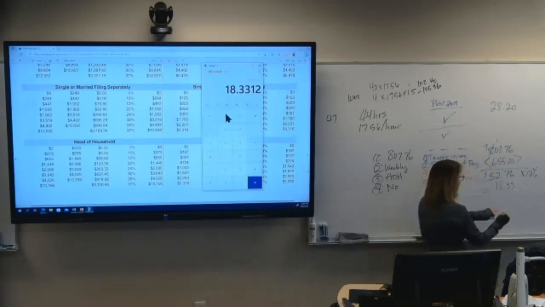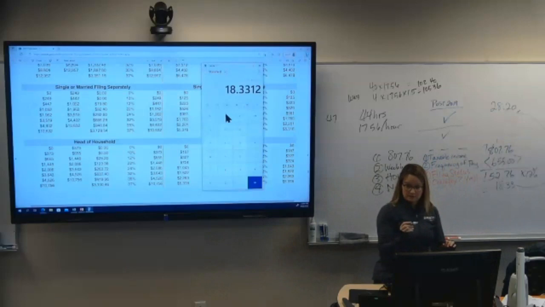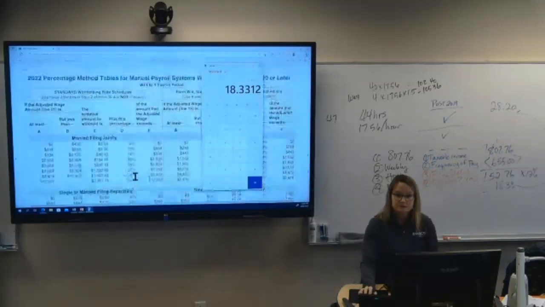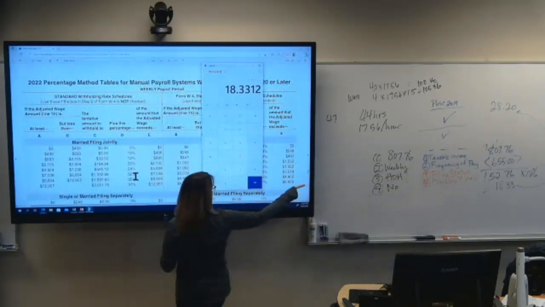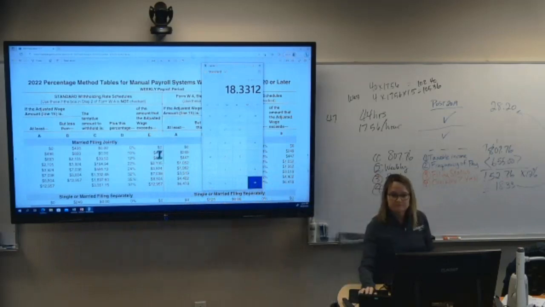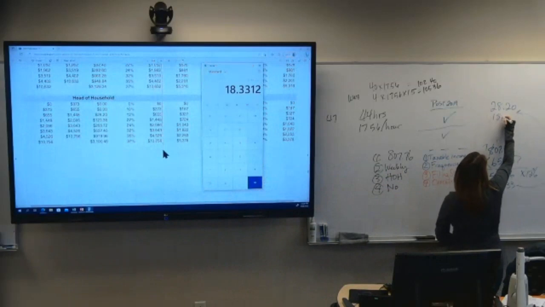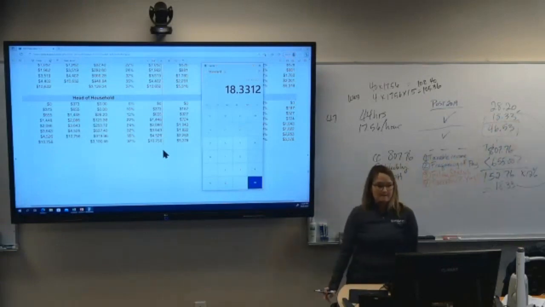And we're going to add that to that 2820 because that's what it tells us to do in the instructions. Plus 12% of the amount over that 655. So 18.33 plus 2820, we get 46.53. There's our withholding.